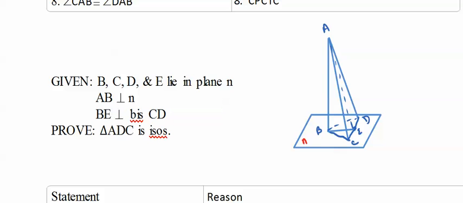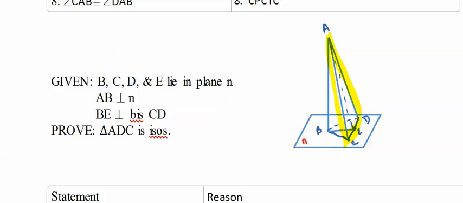So let's look at where that is. We're most likely going to try to prove that AC is congruent to AD, because those look pretty much similar in size.